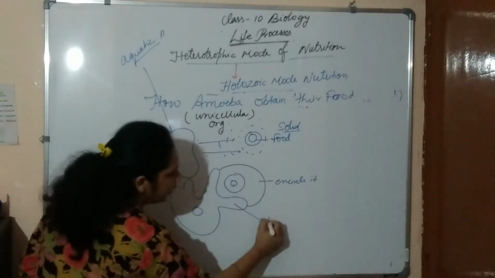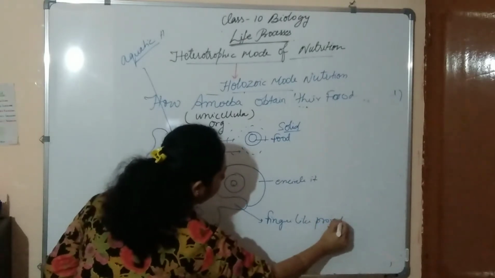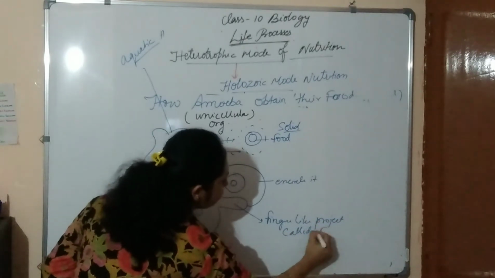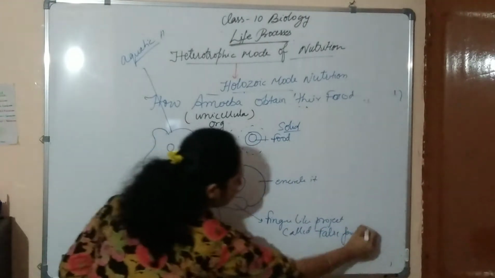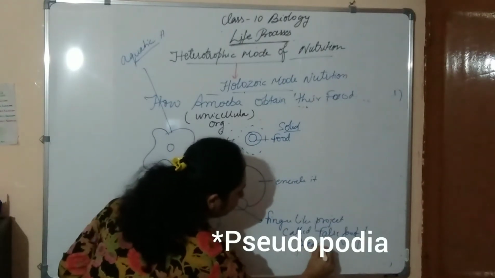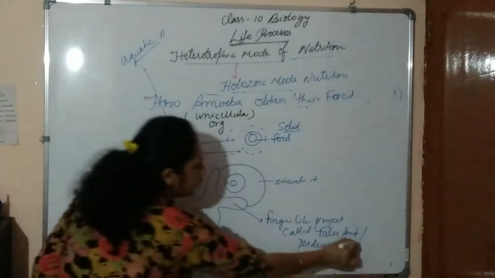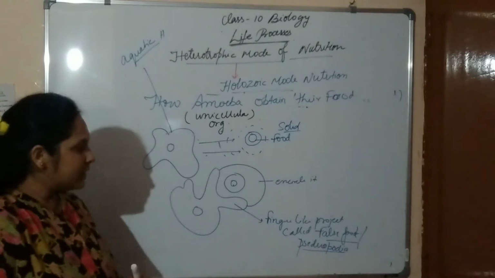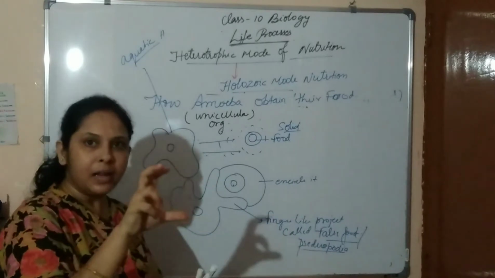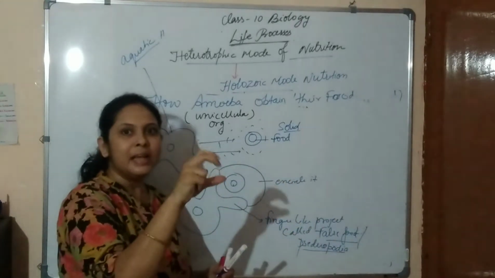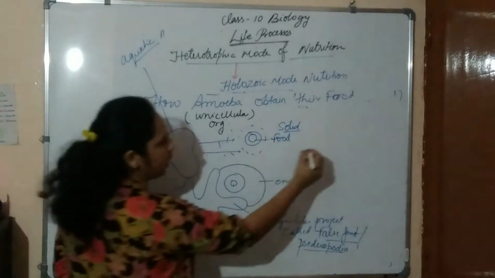This finger-like projection is called false foot, or pseudopodia. So this pseudopodia is a finger-like projection through which movement occurs, and amoeba move towards the food, and then they encircle it.